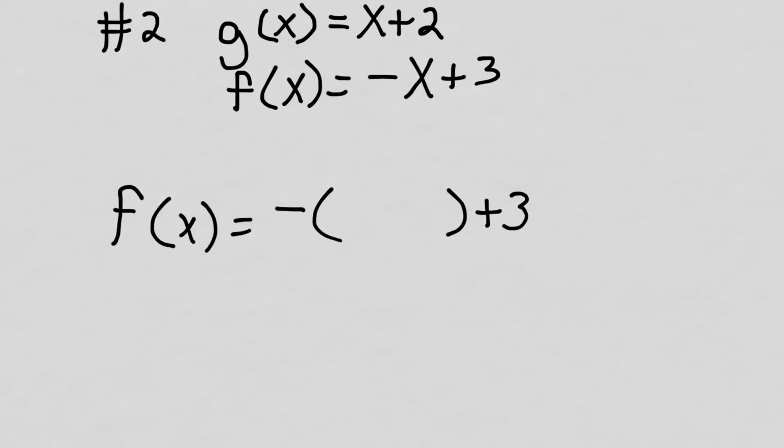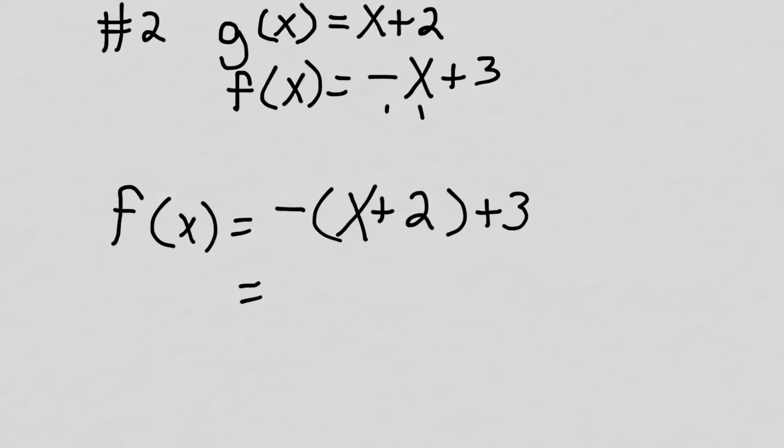Number 2. You could have done this one either way. Both functions are about the same level of complexity. I've decided to put g of x inside of f of x. So I've kind of made f of x the shell. Notice negative parentheses, same as negative x plus 3. Now I'm going to put g of x on the inside, which is x plus 2, and I'm going to solve.